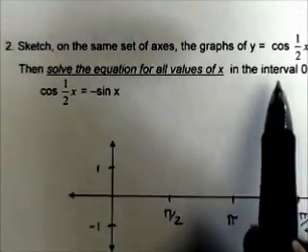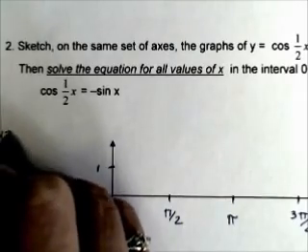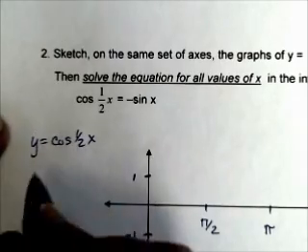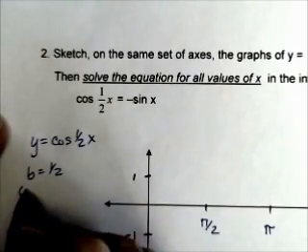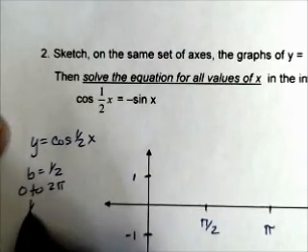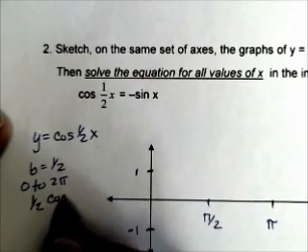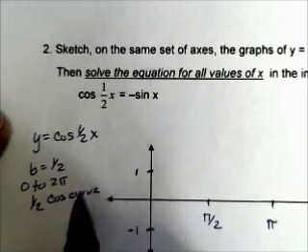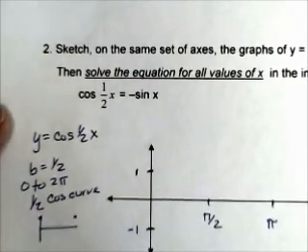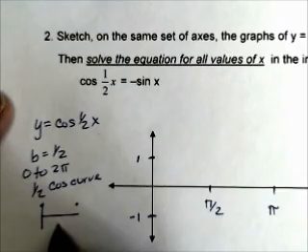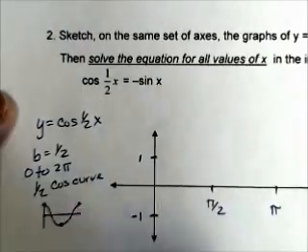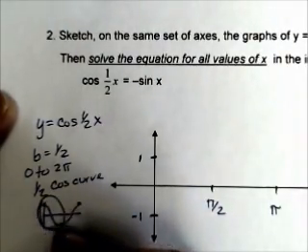And first we'll graph y equals cosine of 1/2 x. So our b value is 1/2. So that means, that's our frequency, from 0 to 2 pi, we will get only half a cosine curve. Cosine would start at 1, and a full cycle would end at 1, midway between be down at negative 1. I'm only getting half, so I'm going to get this portion.